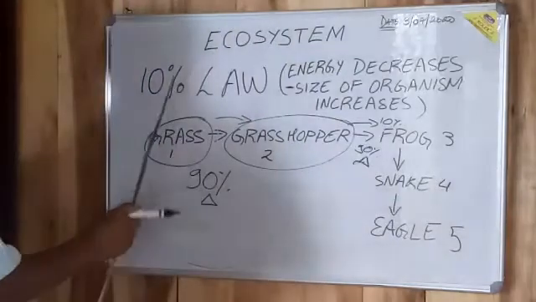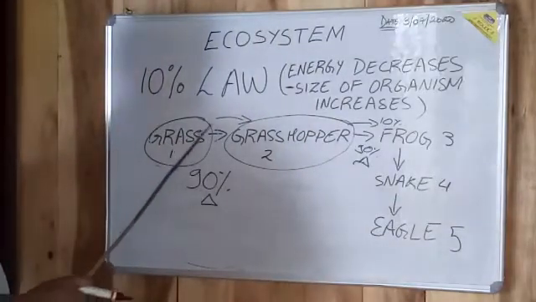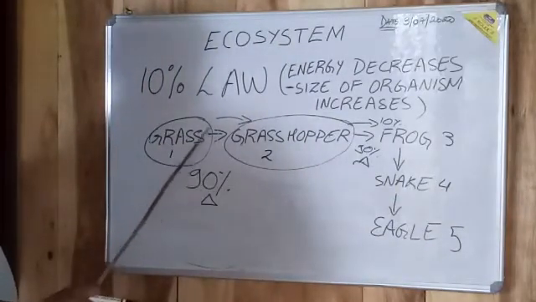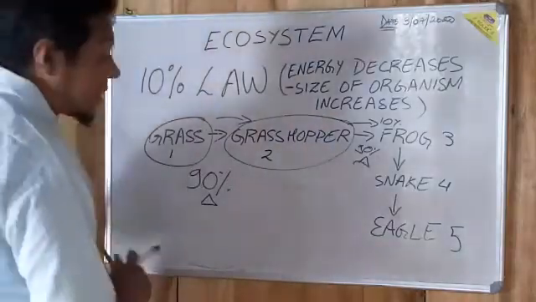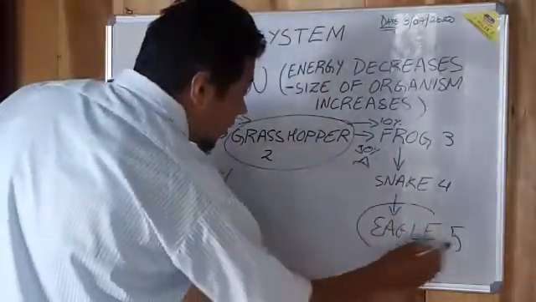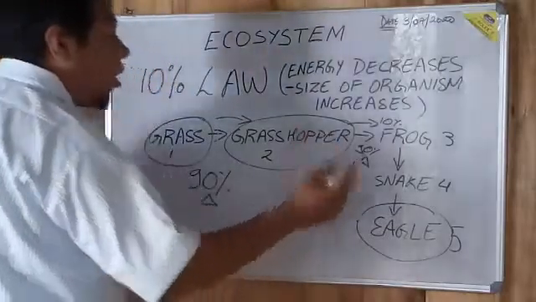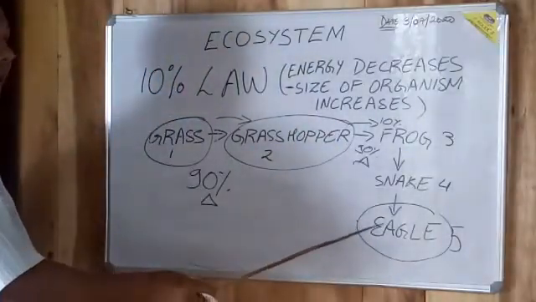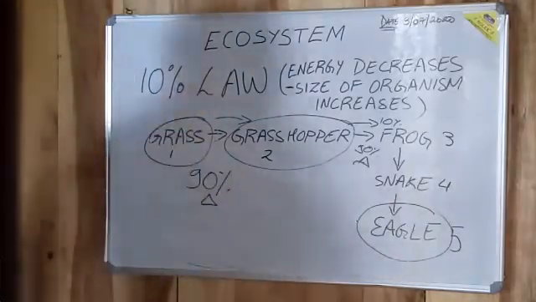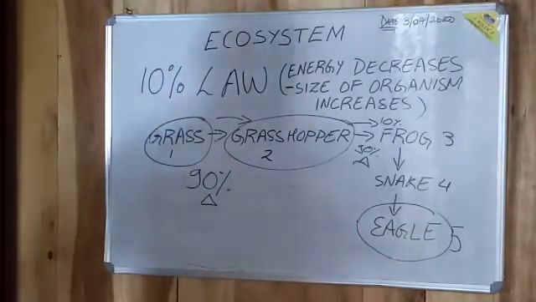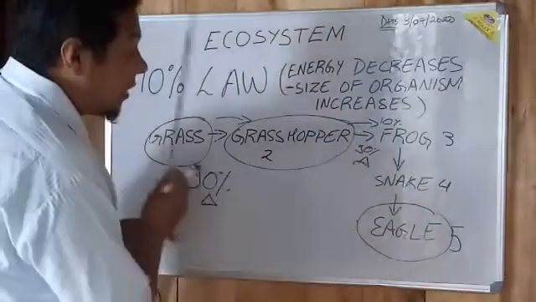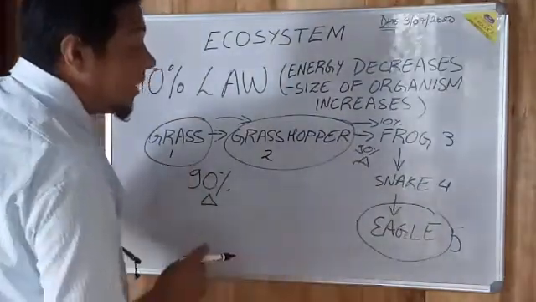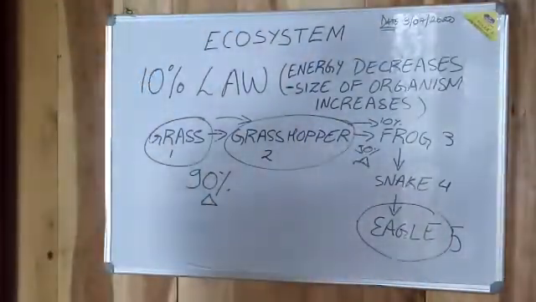Therefore, the energy goes on decreasing as you move further in the food chain. When it reaches the eagle, the amount of energy will be so little that it cannot be passed on further. Therefore, the eagle is known as the tertiary predator, and there is no predator higher than the eagle, because the eagle receives the least amount of energy.